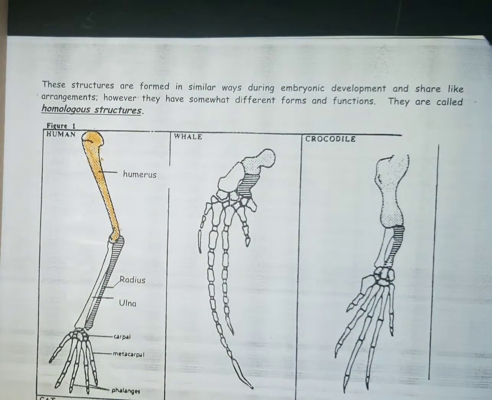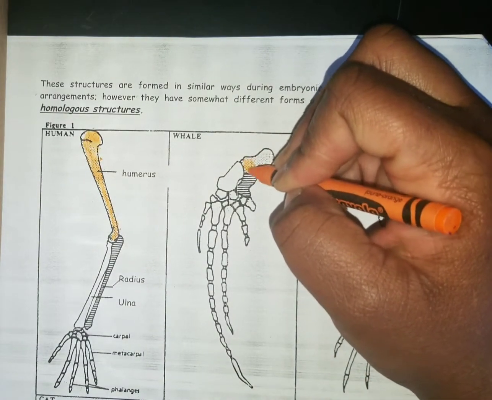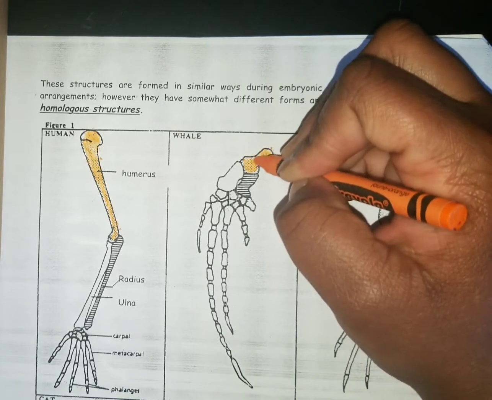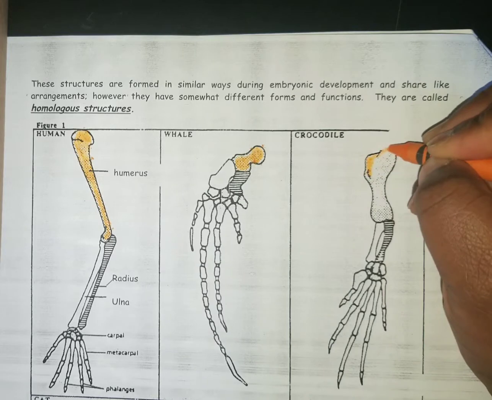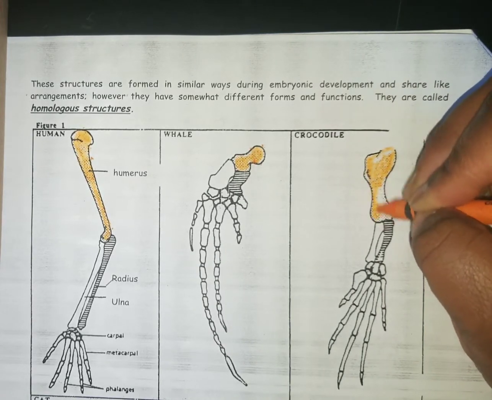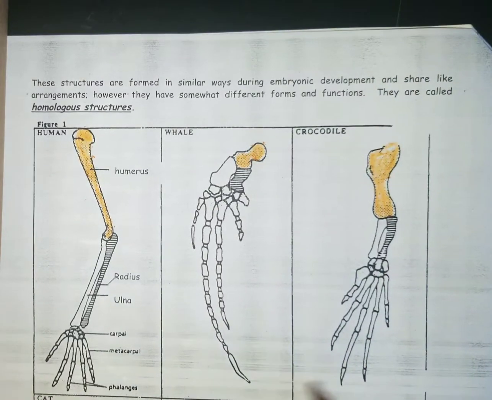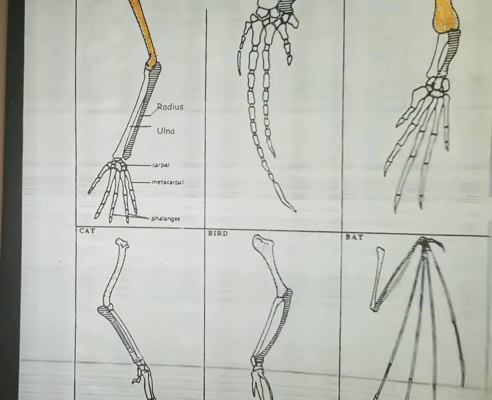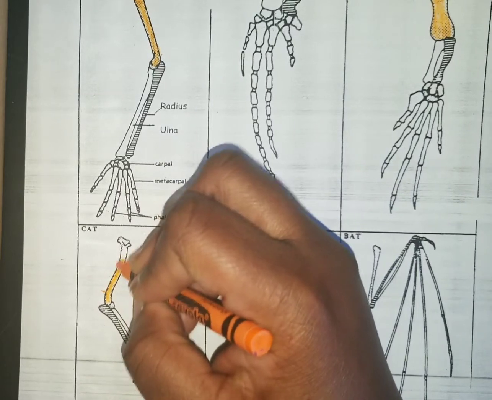Here we have another bone, just like the humerus with some dots in it. We're going to color that orange. Here's another one with some dots. You can color that orange. One with some dots. We can color that orange.